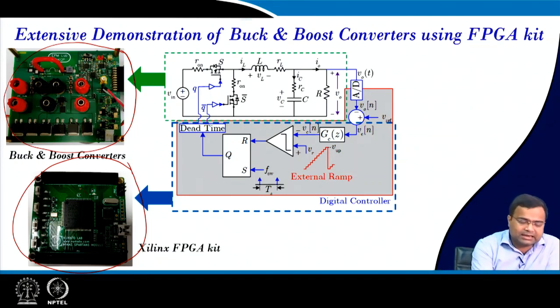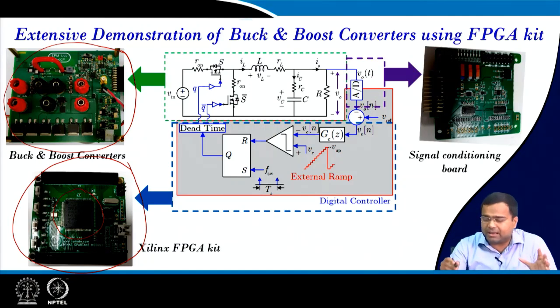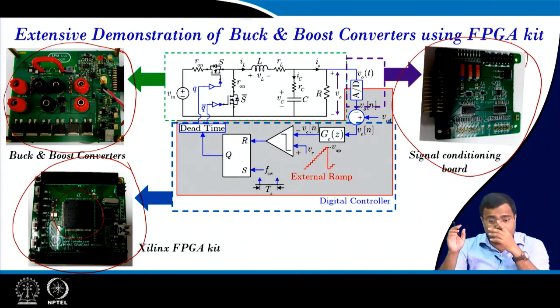Here is the Xilinx FPGA, it is a Spartan 6 FPGA. We will provide the details of this kit. And we have also made this signal conditioning board. This signal conditioning board will also be demonstrated, and its schematic and layout will be provided as a part of this course.